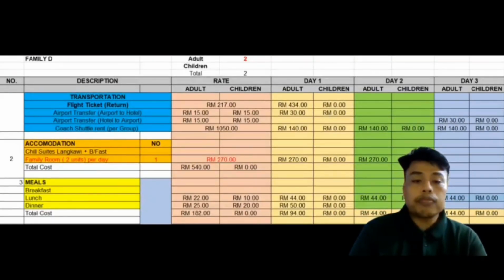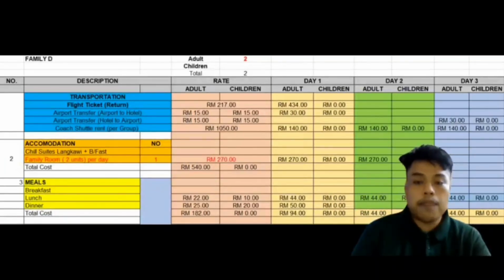And this is the cost for the coach shuttle rent, 140 ringgit per 2 adults, and it's 140 ringgit times 3 days.